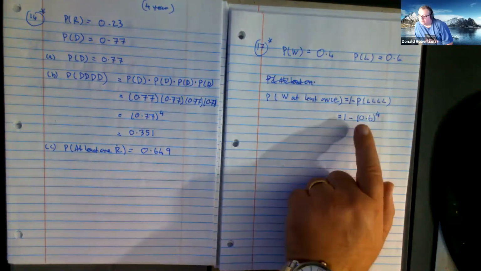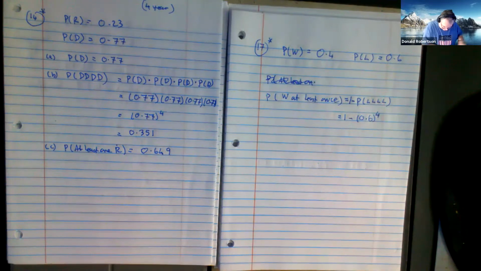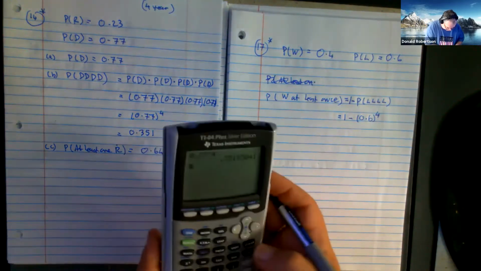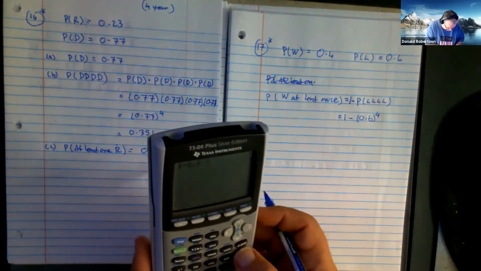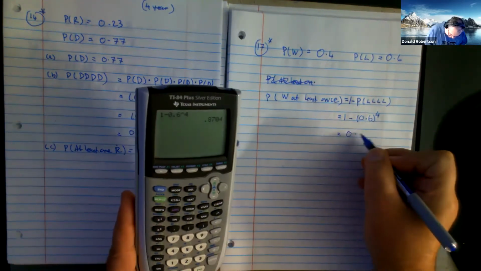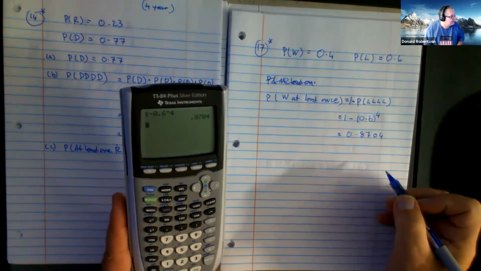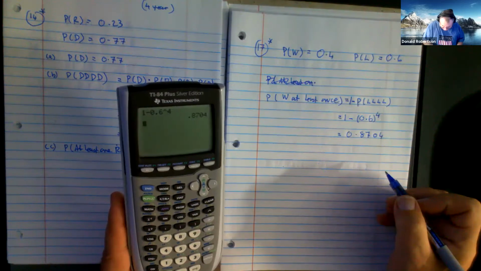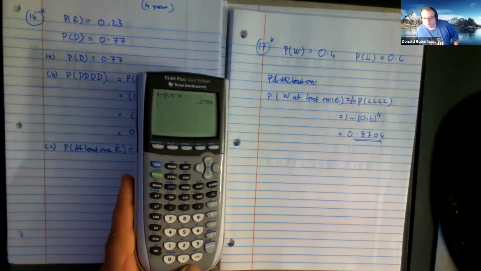No, lose, lose, lose, lose. That's 4 times in a row. And on our calculator then, 1 take away 0.6 to the power of 4 ends up being 0.8704. And what do they want the answer to be? Oh, they don't want it rounded off, so the entire answer.